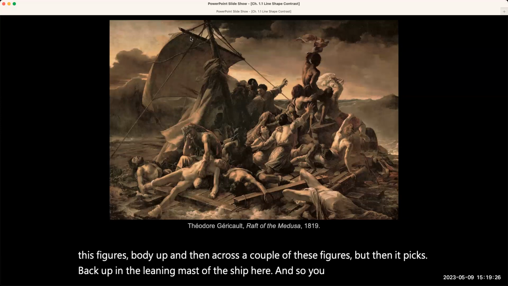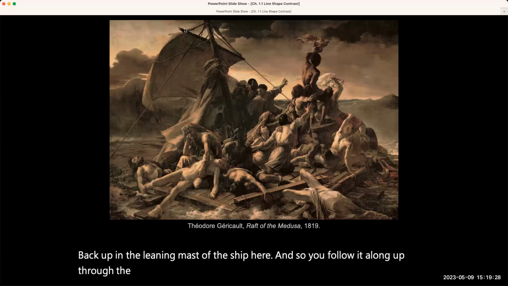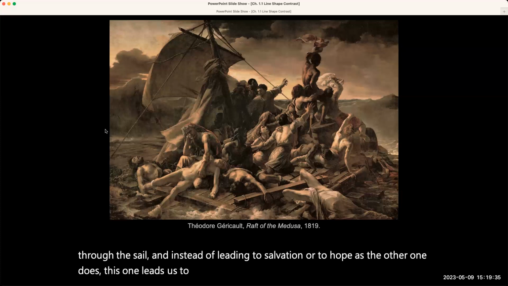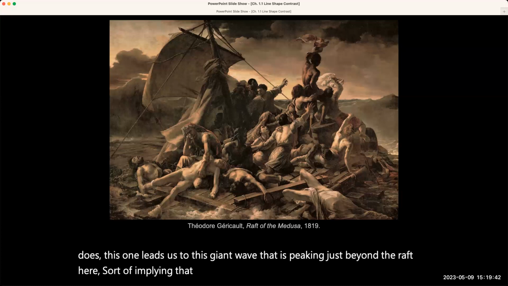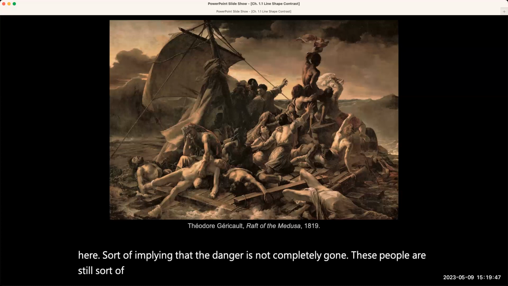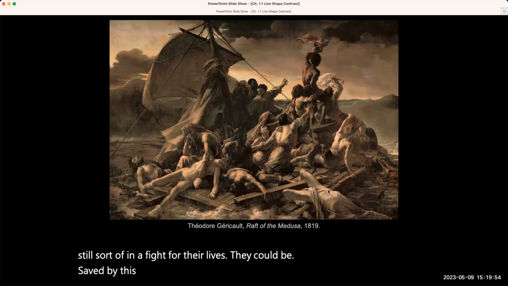And so you follow it along up through the sail, and instead of leading to salvation or to hope, as the other one does, this one leads us to this giant wave that is peaking just beyond the raft here, sort of implying that the danger is not completely gone. These people are still sort of in a fight for their lives. They could be saved by this ship in the distance, or they could be overtaken by this wave and kind of overpowered by nature.